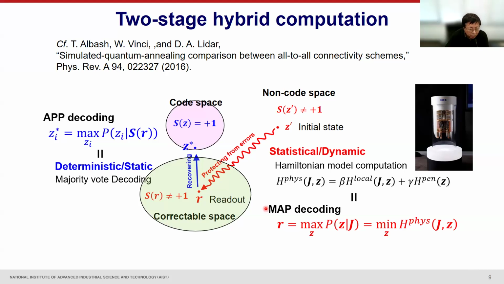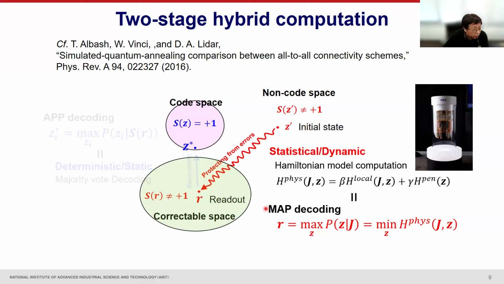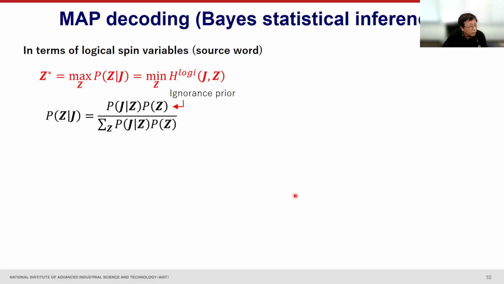Okay. Let us first consider the first stage. In the first stage, we use MAP decoding, which is Bayesian statistical inference of target states. The MAP decoding can be written in two representations. First is the one written in terms of the logical spin variables.